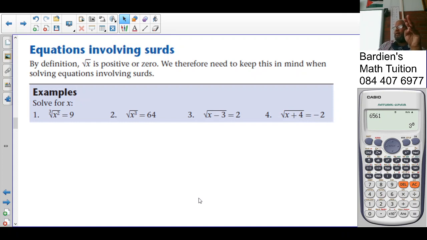Choose any value. 4, yes, nice. What's the square root of 4? 2. Choose any other number. 5. The square root of 5 is going to lie between 2 and 3, so it's 2 comma something.